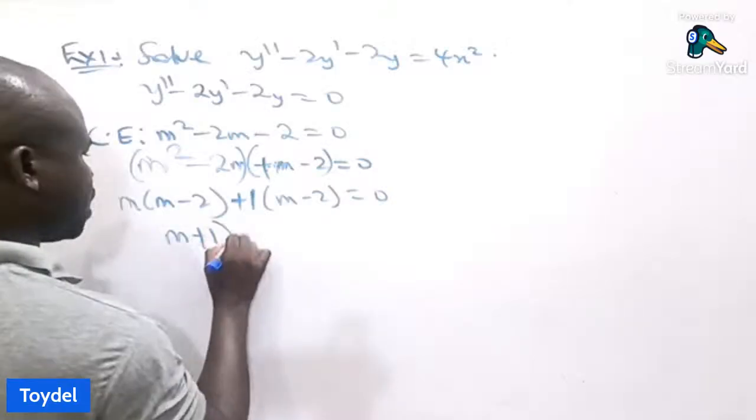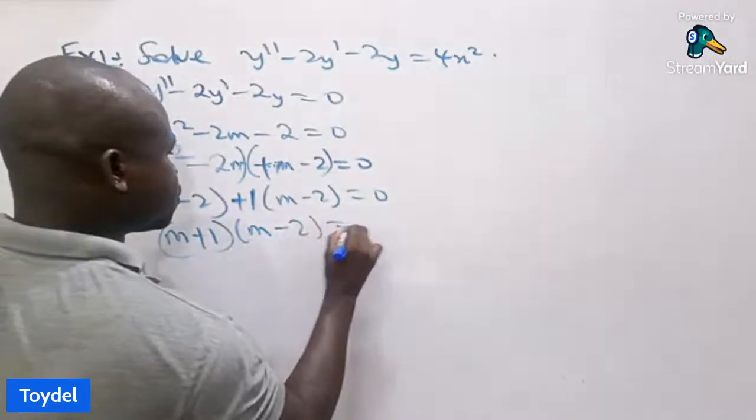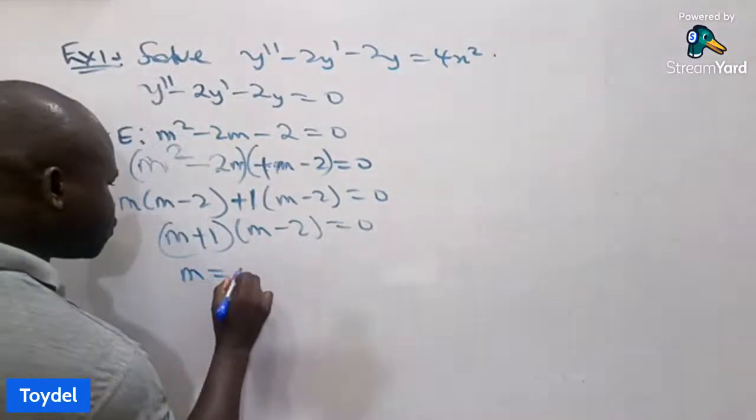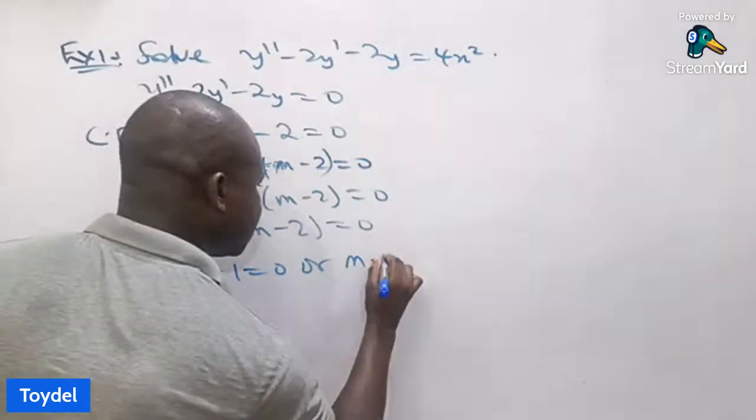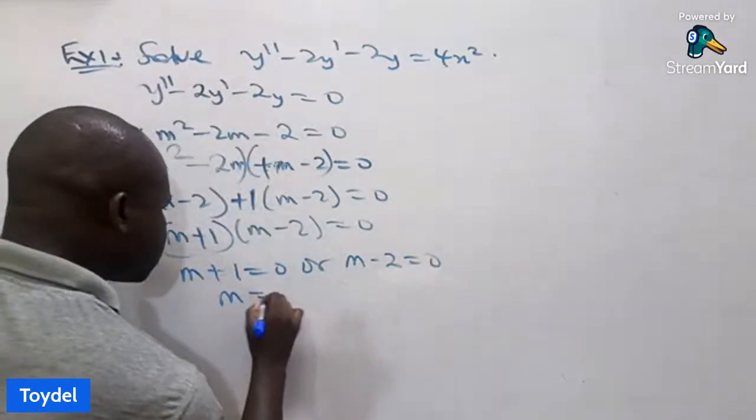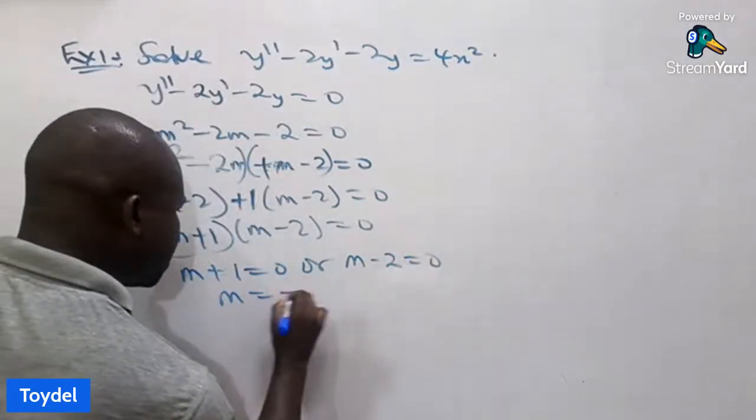So m plus 1, m minus 2 equal to 0. So m plus 1 equals 0, or m minus 2 equals 0. So m is equal to minus 1 or m is equal to 2.